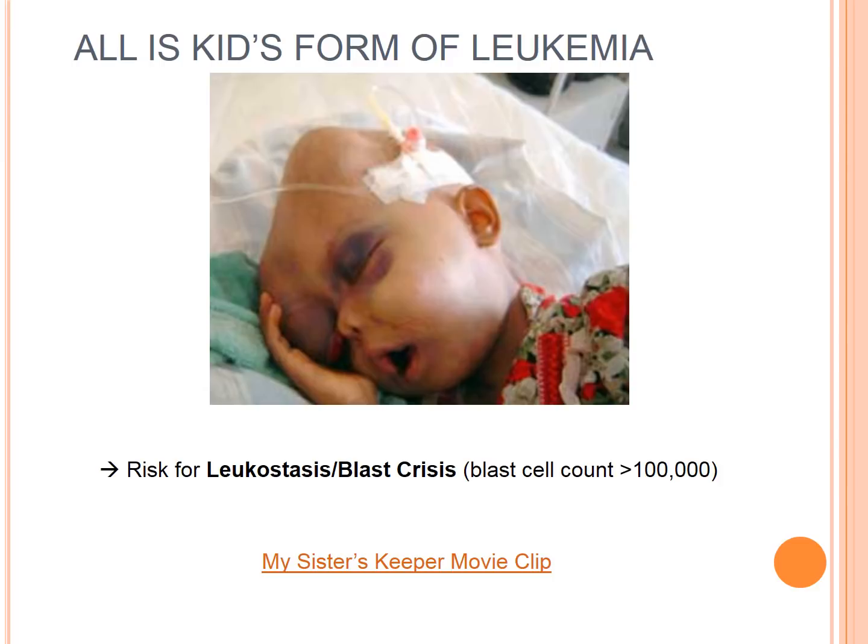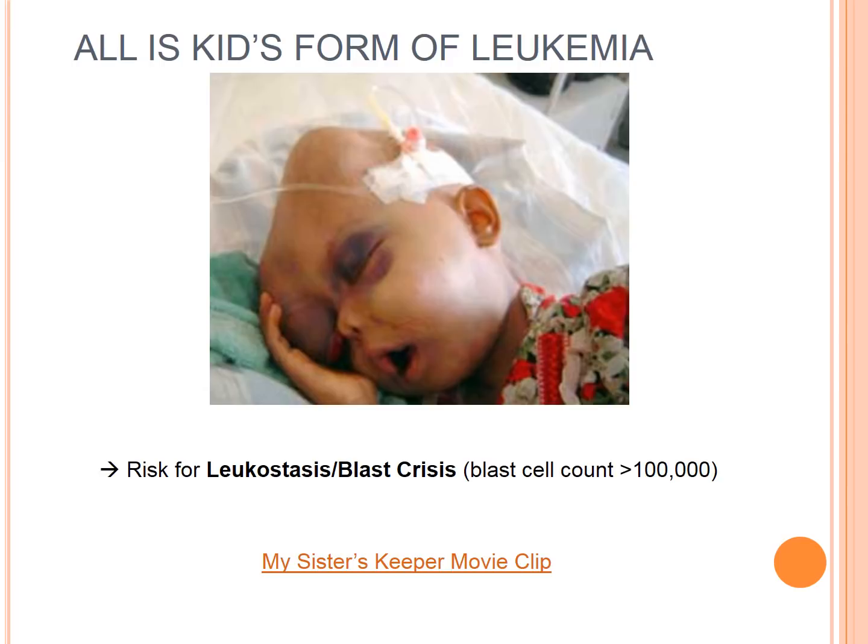So they have these immature cells that are just circulating, they don't have a role, and they're just taking over the circulation, taking over the cells. So with leukostasis and blast crisis, patients are at risk for these cells clumping up in areas where they shouldn't and ending up with decreased perfusion.